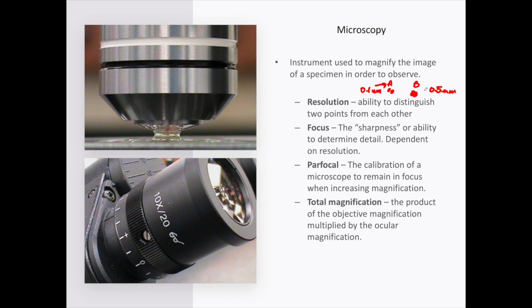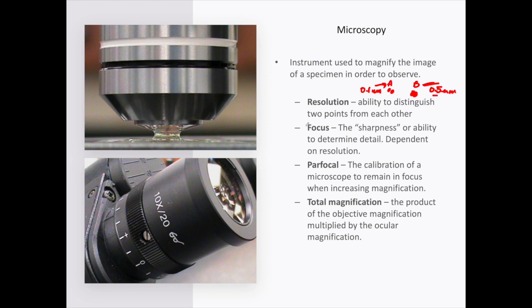So the resolving power for microscope B, although it's a higher number, 0.5 is greater than 0.1, with this higher number I can't see the space in between because that space is less than 0.5 micrometers. So the higher the number, the less ability you have to distinguish two points from each other.